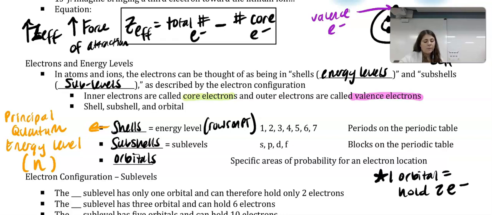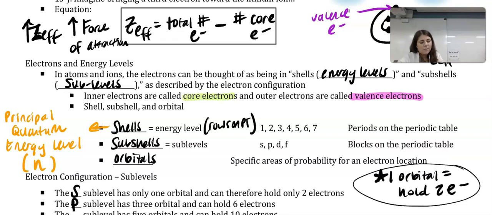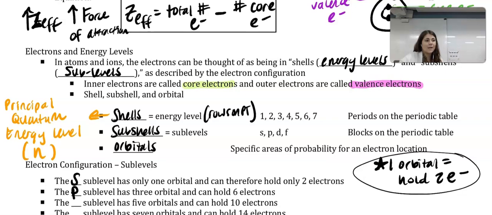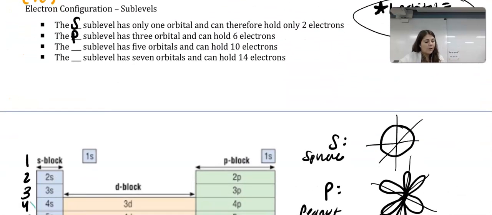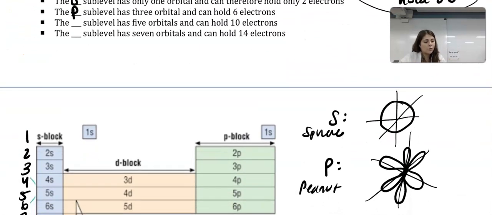So go into the sublevels. The S sublevel, that sphere, only has 1 orbital. So therefore it could only hold 2 electrons. The P sublevel has 3 orbitals and can hold 6 electrons. Here, if you saw this picture I drew over here, the reason that it's 3 orbitals is because this is 1, this is 2, and this is 3.